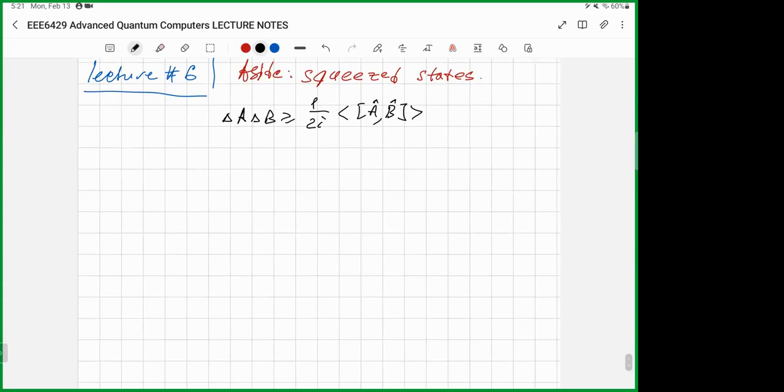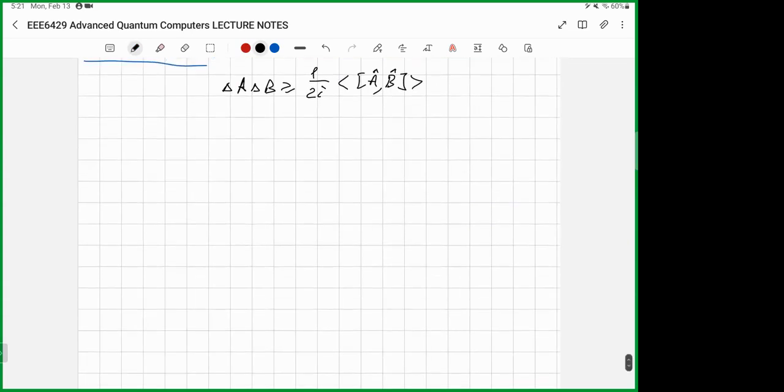So these two operators A and B, these quantities, can be any.